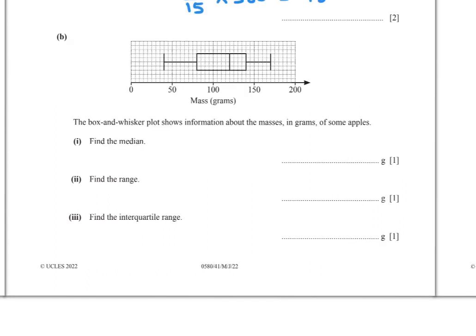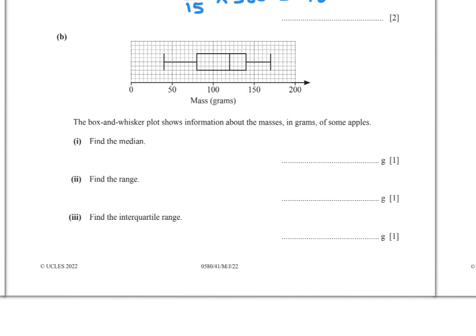Now for B, we have a box and whisker plot. Find the median. How to find the median from a box and whisker plot? This is the least value. We have 5 values you have to know in a box and whisker diagram. This is the least value, and this is the greatest value. This is the lower quartile, this is the upper quartile, and this is the median.